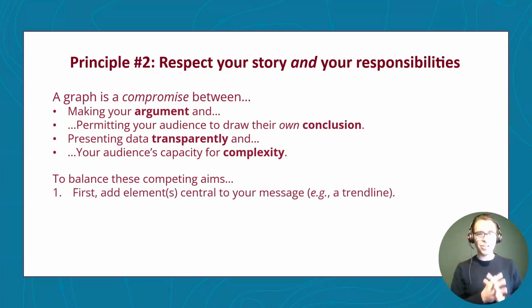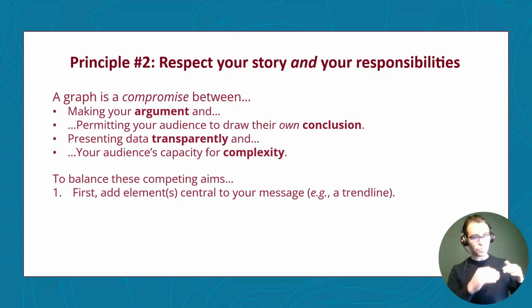Start by adding to the graph just one or two elements that are the most central to your message possible. Maybe that's a trend line, or maybe it's a key difference between two groups. Then add the elements that are needed to enable transparent and unbiased interpretation. Maybe it's an uncertainty band around your trend line, or maybe it's a confidence interval around a key difference.